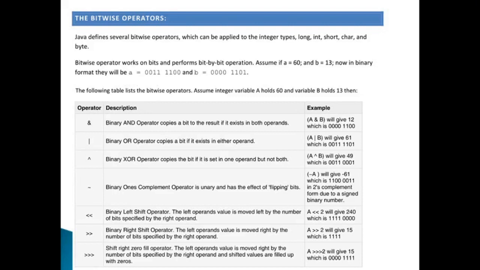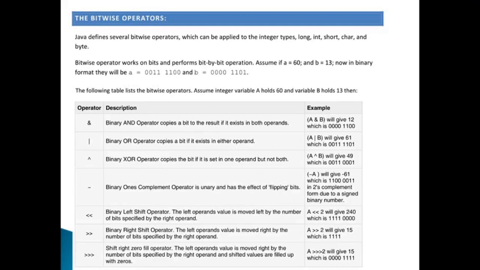So whenever we perform a bitwise left shift, it gets multiplied by 2, and in the case of right shift, it gets divided by 2. So these are the things that one should take proper care of.